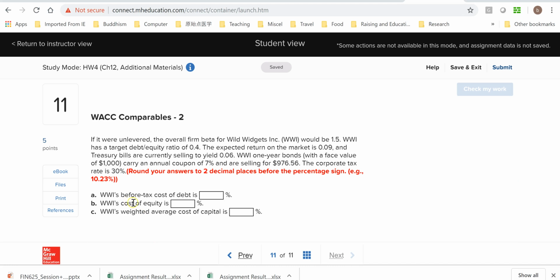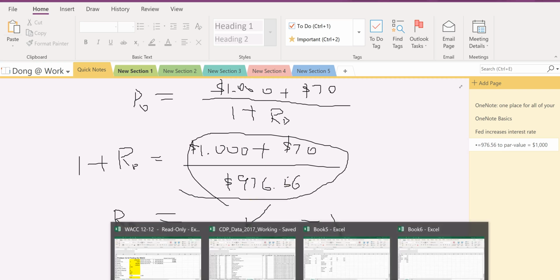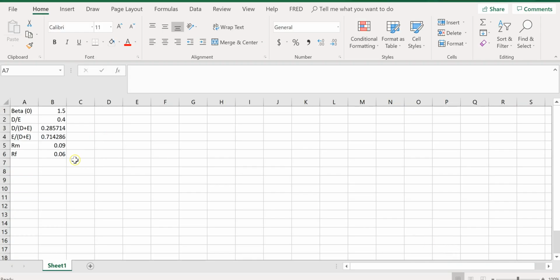And that's actually the first part of this question, solving out the before-tax cost of debt. And basically what we did is the before-tax cost of debt. So I can just directly input that number into my spreadsheet. So RD, based on what we did, equals 1,000.